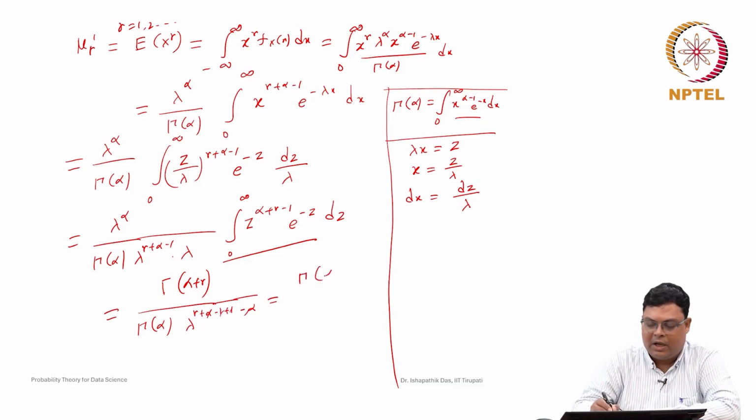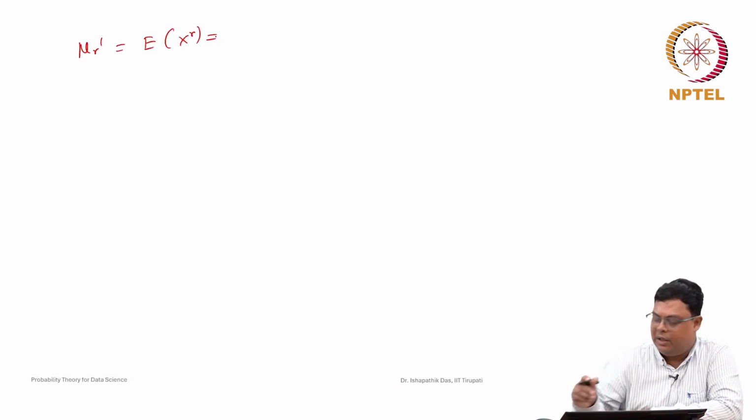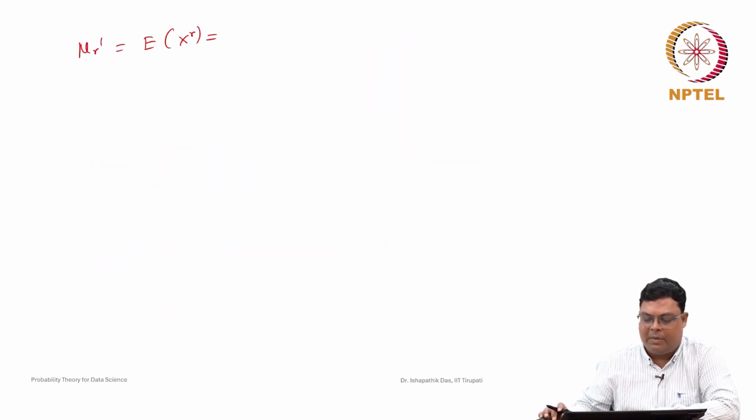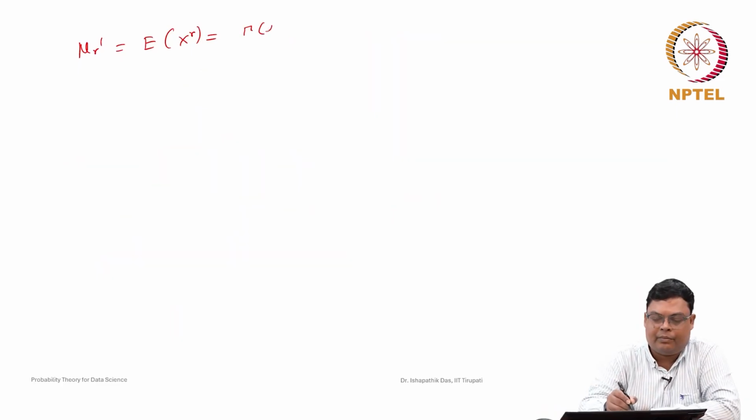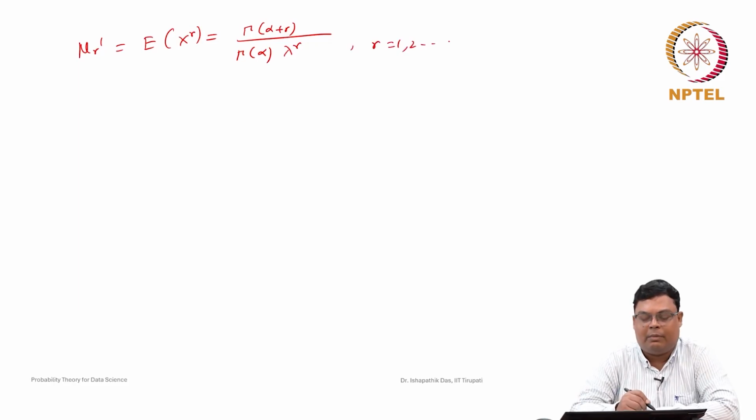So, this is nothing but gamma alpha plus r by gamma alpha into lambda to the power r, for different values of r. So what we found is that mu r dash, which is nothing but the expected value of x to the power r, is coming as gamma alpha plus r by gamma alpha, and then lambda to the power r, for r equal to 1, 2, like this, any positive integer values.